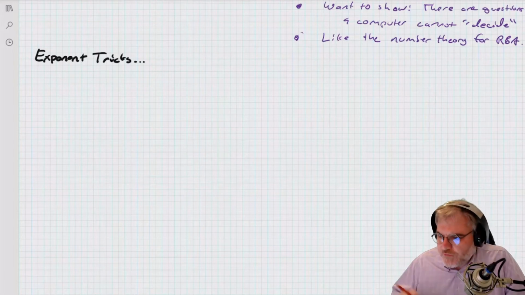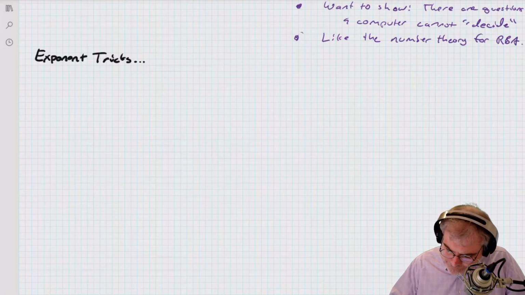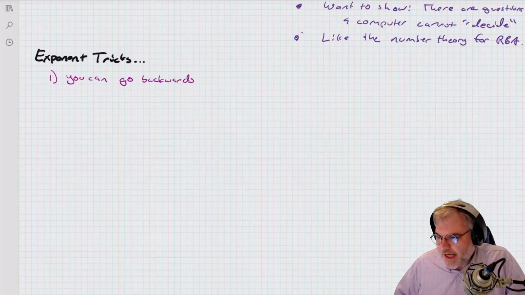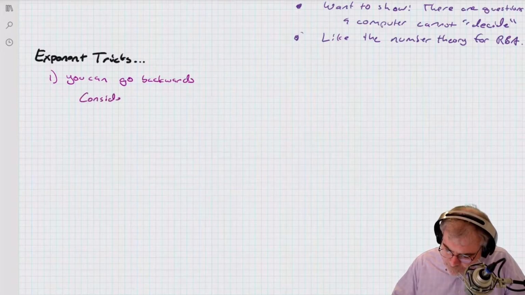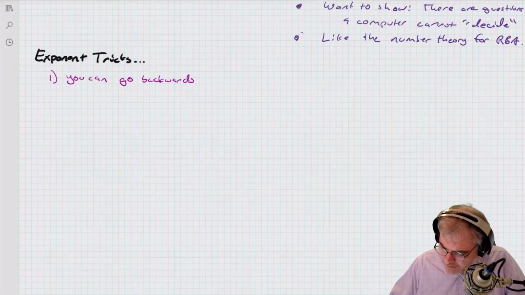The first of these is that I can go backwards. In other words, consider 10. Let's do Z11, so examples will all be in Z11.